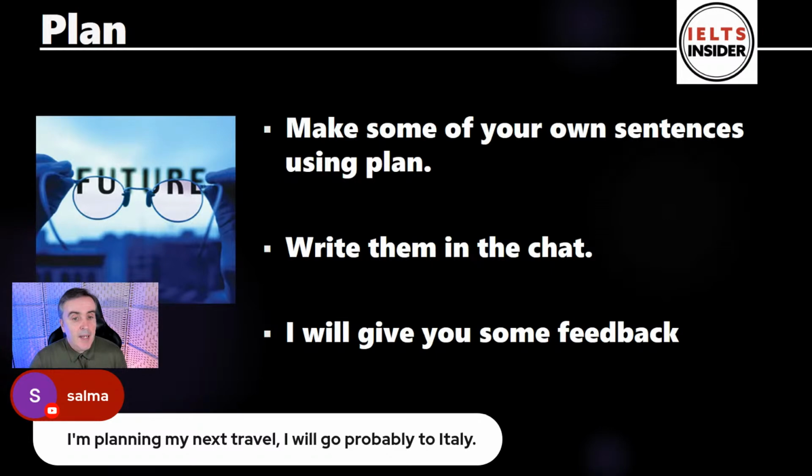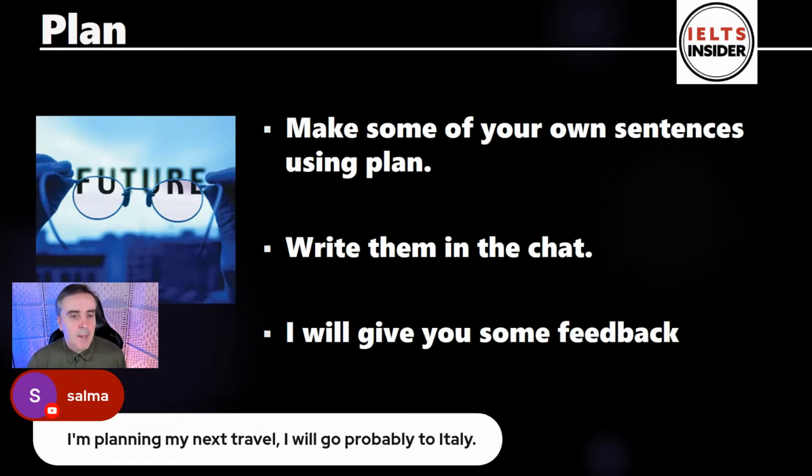I'm planning my next. So here I would use the word trip, Salma. I'm planning my next trip. I will, and here we need to change the order. I will probably go to Italy. So that's an excellent example. So we're not sure just now, but you're making the plans at the moment.